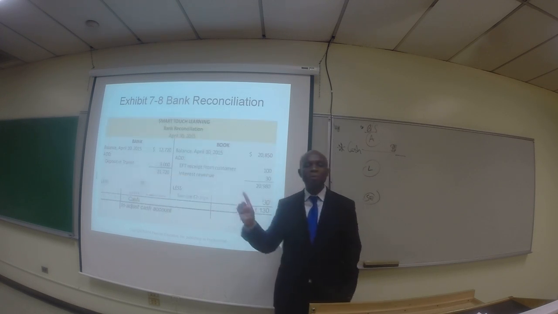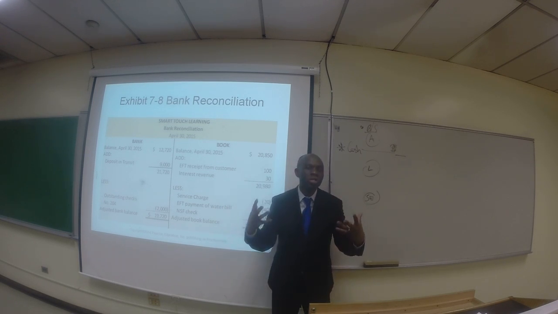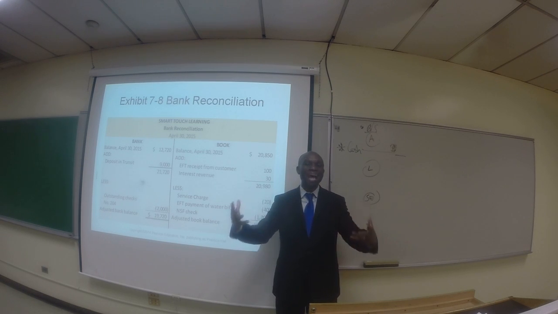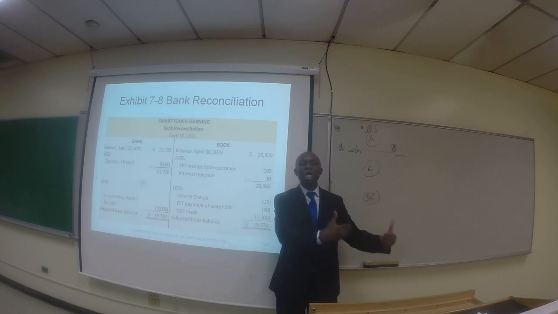Now, this is very important for you to know. The bank reconciliation is done on a piece of paper. So there are some transactions or reconciling items relative to this bank reconciliation that need to be recorded in our official accounting books. In other words, we need to update our accounting books.